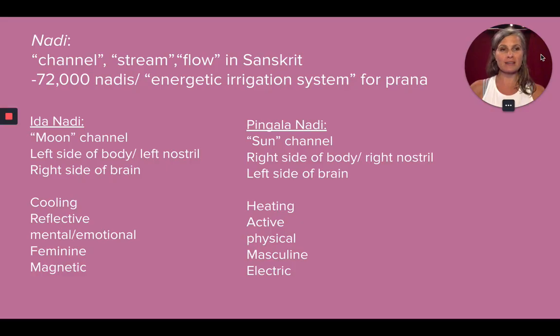I'll show you again in the picture, but I just want to talk about the qualities of the Ida moon channel versus the qualities of the Pingala Nadi. So Ida, the moon, is cooling, reflective. It's more on the mental and emotional spectrum. It's considered feminine and magnetic.